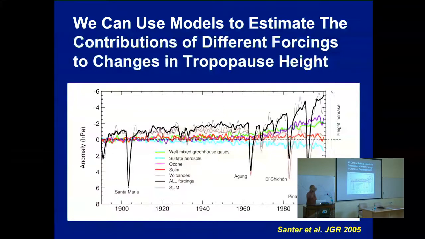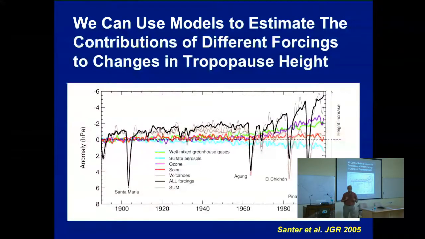In fact, when temperature increases in the troposphere and decreases in the stratosphere, that's a pattern. When temperature increases in the stratosphere and decreases in the troposphere, like a volcanic eruption, that's another pattern, right?